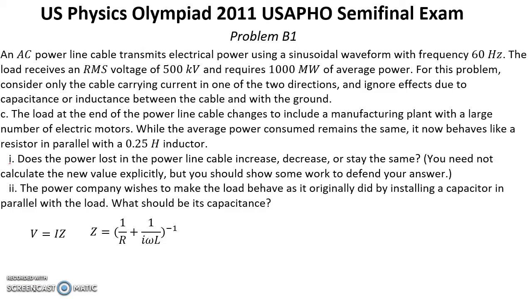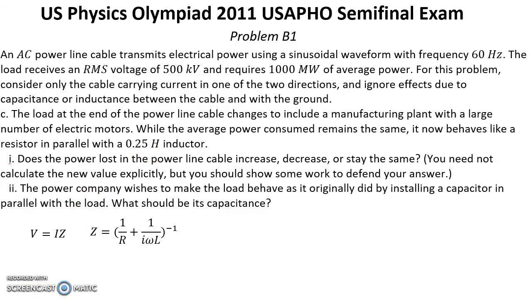Question 2. The power company wishes to make the load behave as it originally did by installing a capacitor in parallel with the load. What should be its capacitance? Answer. To compensate for the influence of this inductor, we need to put a capacitor in parallel to cancel the complex part of this impedance.